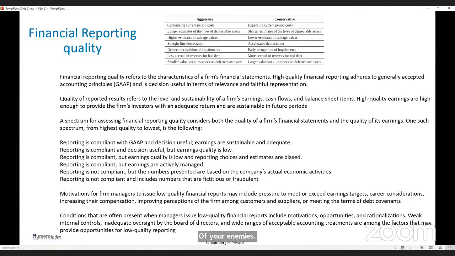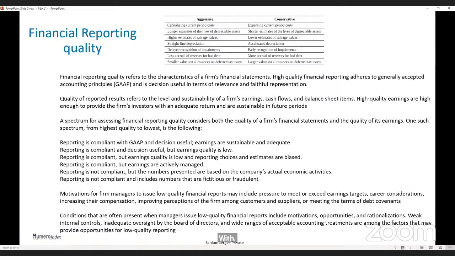So there's a spectrum of earnings quality from the highest to the lowest. One, your reporting is compliant with GAAP, decision useful, and earnings are sustainable and adequate. That is the highest. Then the next one: your reporting is compliant, decision useful, but your earnings quality is low. The other one: the report is compliant, the earnings quality is low, and the reporting choices and estimates are biased, like your choice of accounting policies and estimates, like using straight line, longer useful lives with higher salvage values.